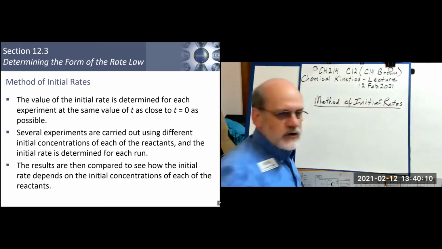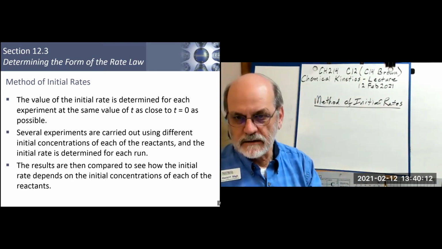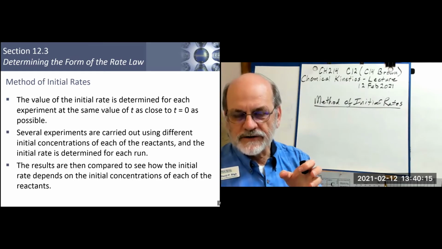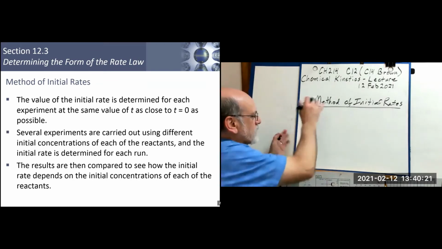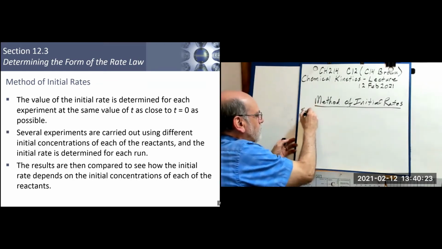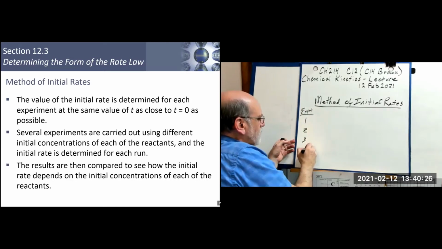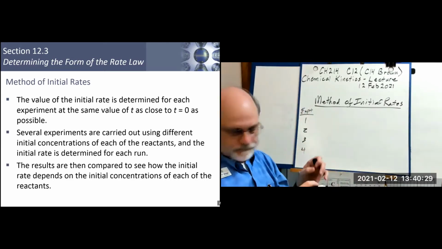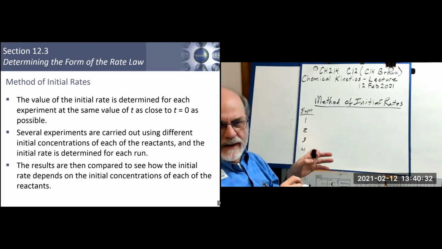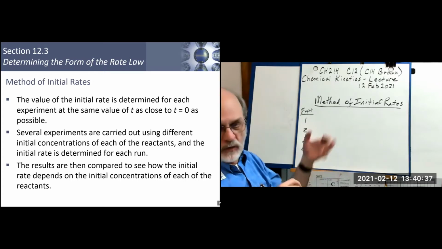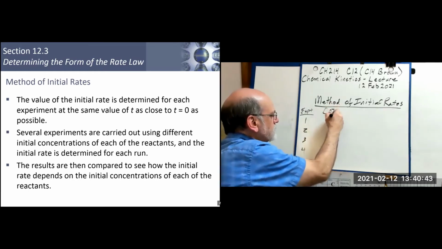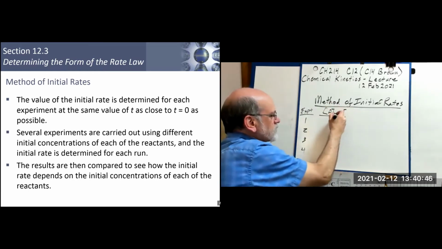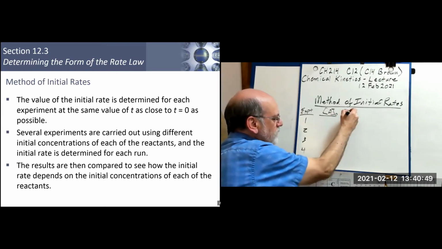You conduct the experiment several times. So you'll have experiment 1, however many you need. If you have more than one reactant, you would say initial concentration, right? We put that 0 there.